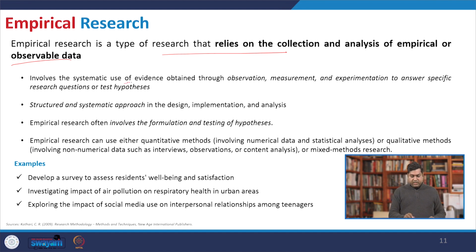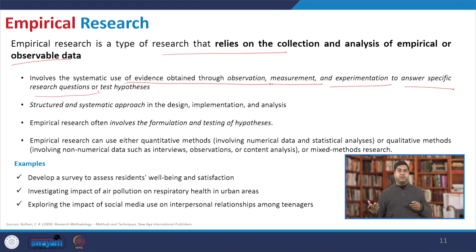It involves the systematic use of evidence obtained through observations, measurement, or experimentation to answer specific research questions and test hypotheses, whether the effect of this on this is true or not. So we normally go for rejecting the null hypothesis or failing to reject the null hypothesis. This kind of statement we use, and we will discuss that in our subsequent lecture as well.